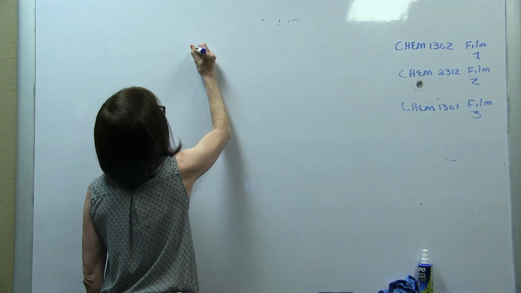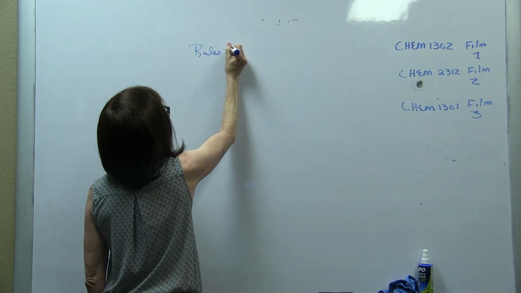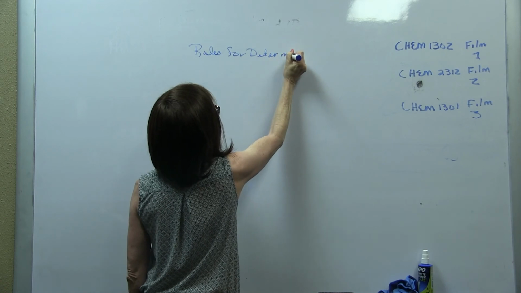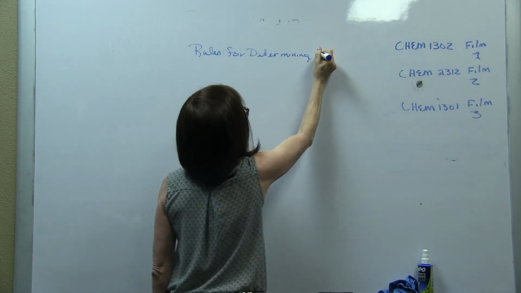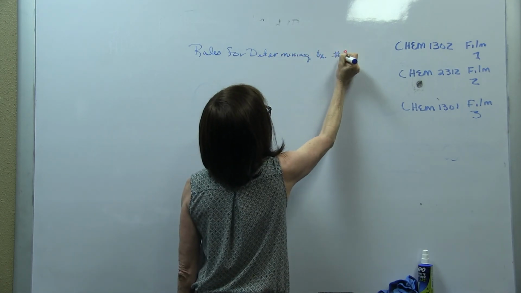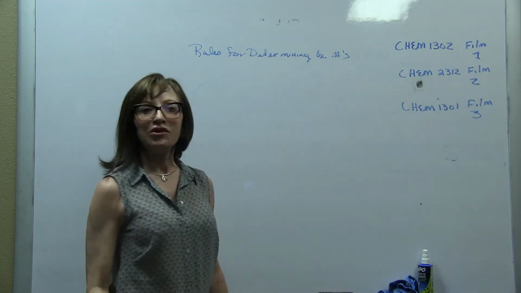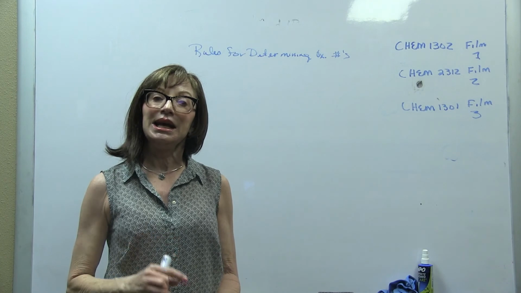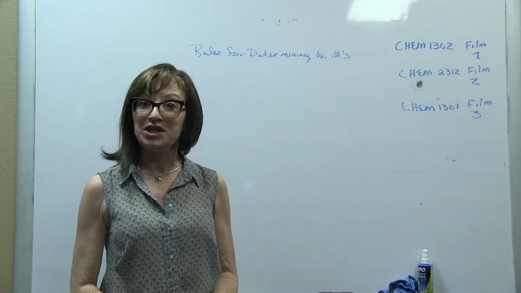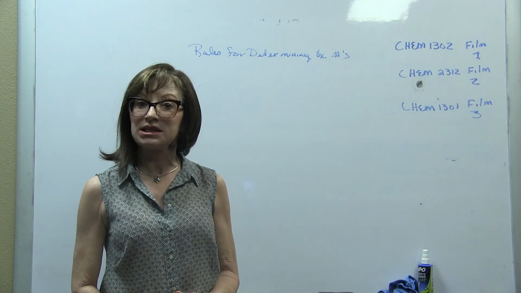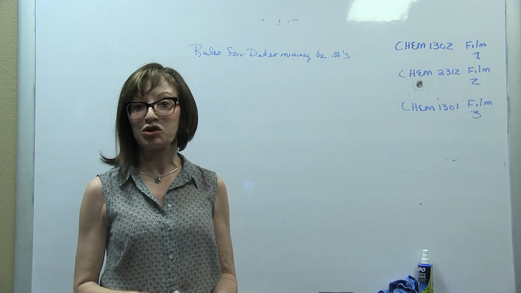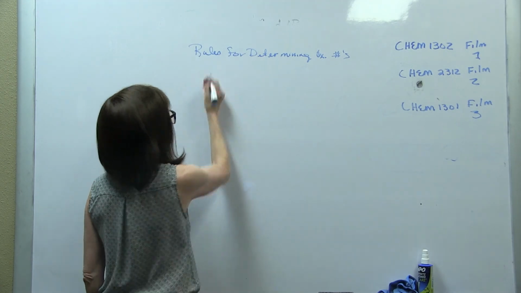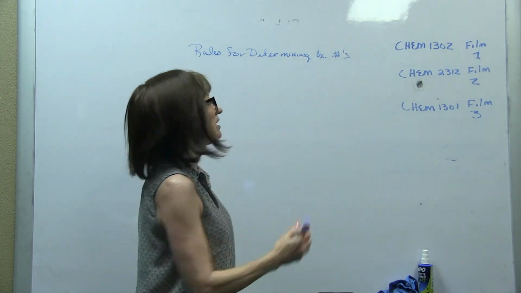Rules for determining oxidation numbers. Okay? First rule is the oxidation states for elements in salts that are the metals, group 1A and 2A, is always +1 and +2 respectively.